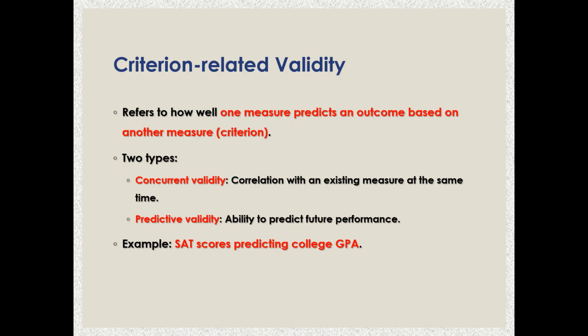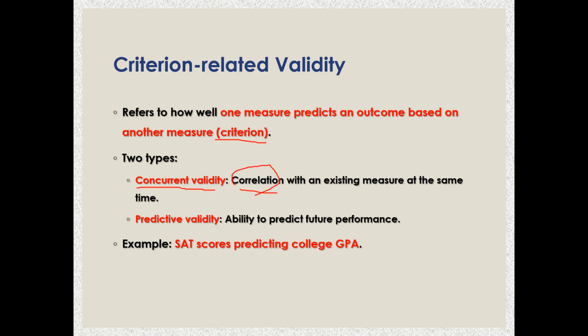And criterion related validity refers to how well one measure predicts an outcome based on another measure called the criterion. So remember, correlation is more like criterion related validity. There are two types. One is called concurrent validity. It's a correlation, that's a big word here.